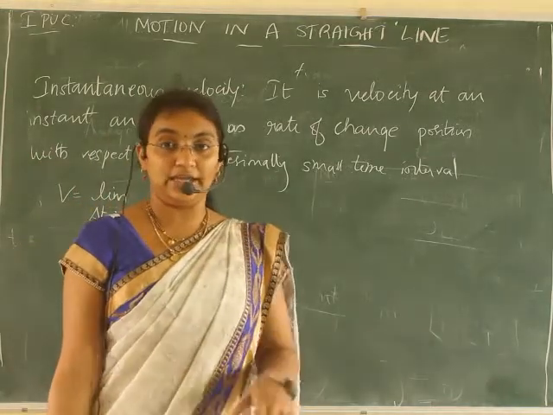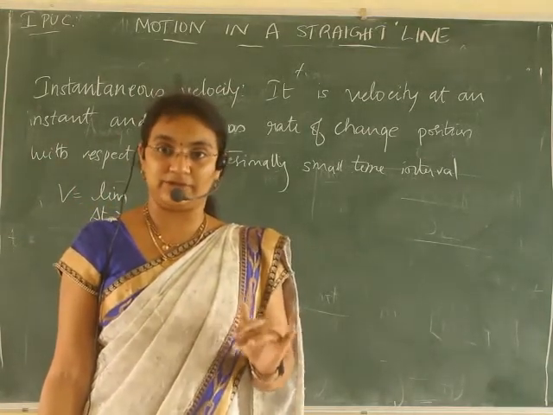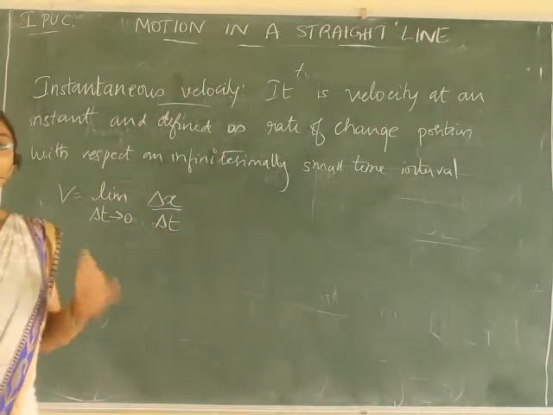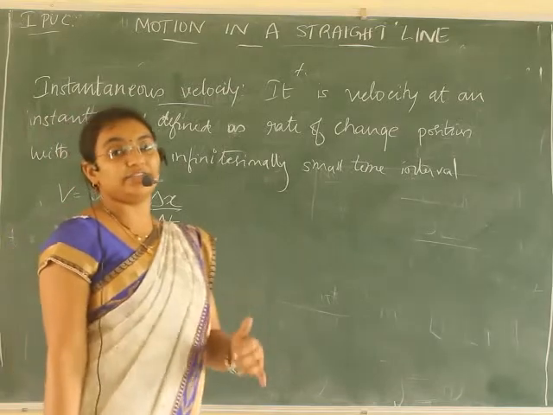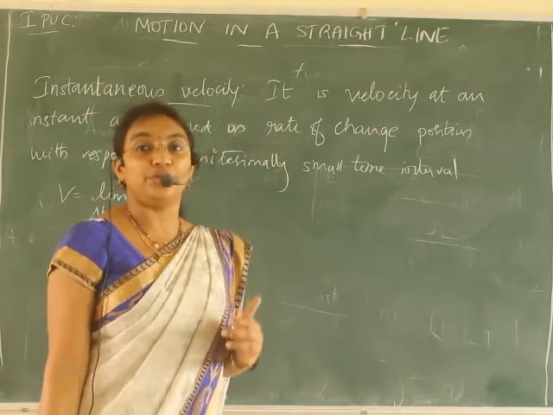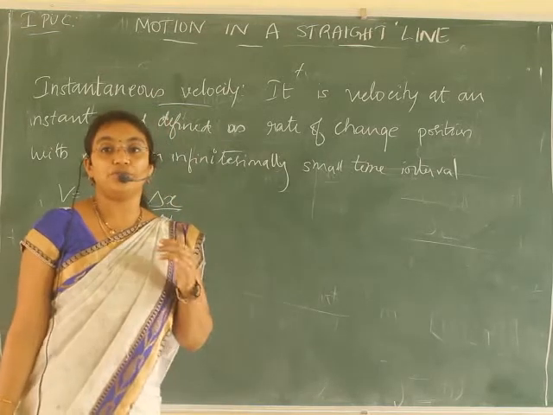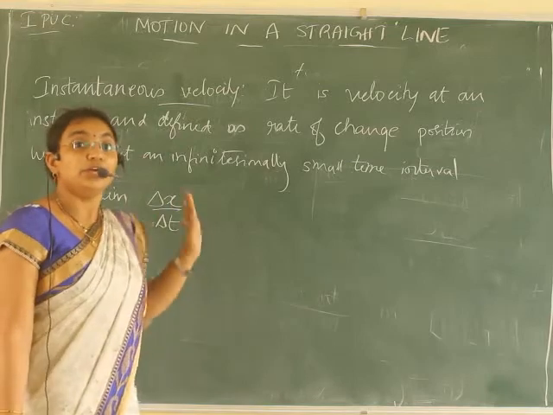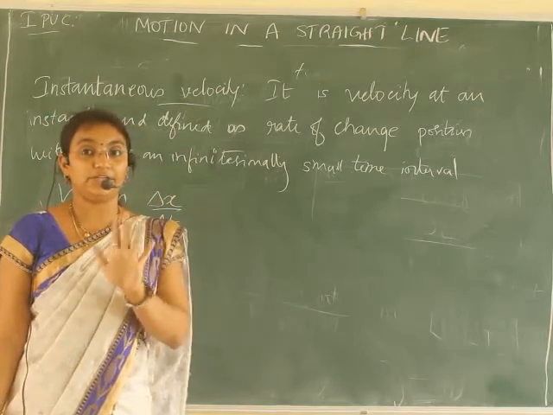If equal distance in equal intervals of time is maintained, then it is nothing but uniform motion. If it is not maintained, then it is called non-uniform motion. I have spoken about uniform motion in the previous class. Now I am not going to write on the blackboard. You just make a point in your notes.